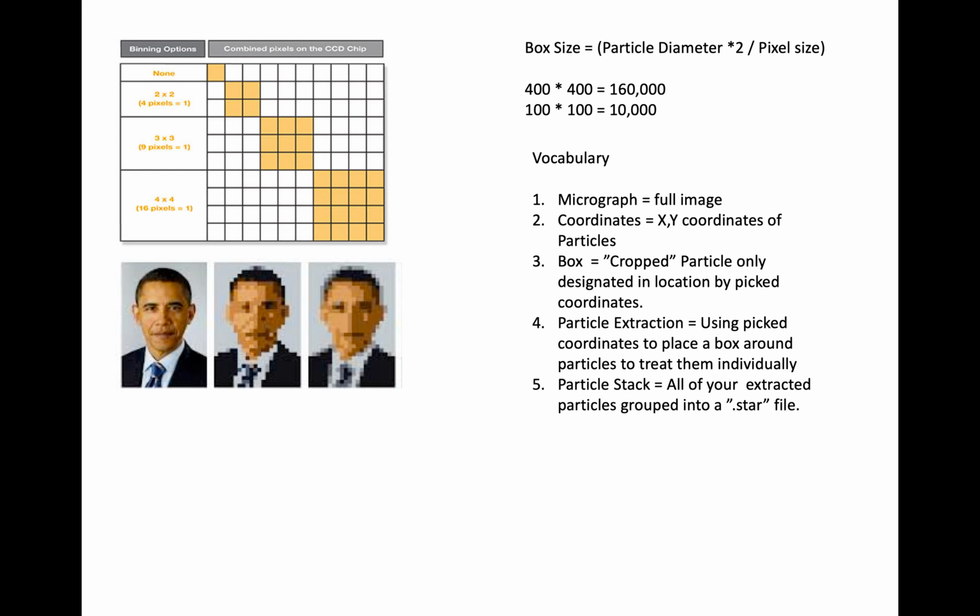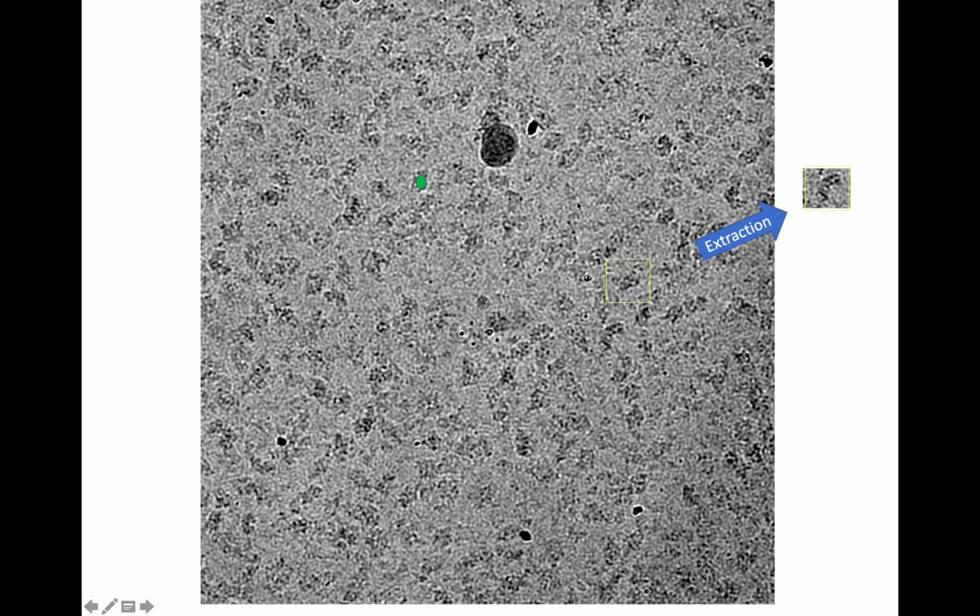This is a stage in which a lot of people have issues when they're starting out, and I think it's worth talking about a couple vocabulary words. When we talk about a micrograph, we're talking about the full image of all of these different particles.